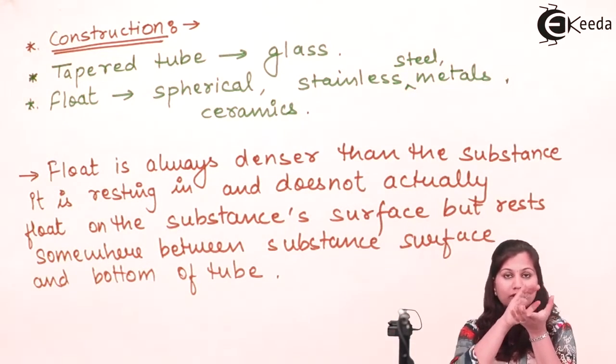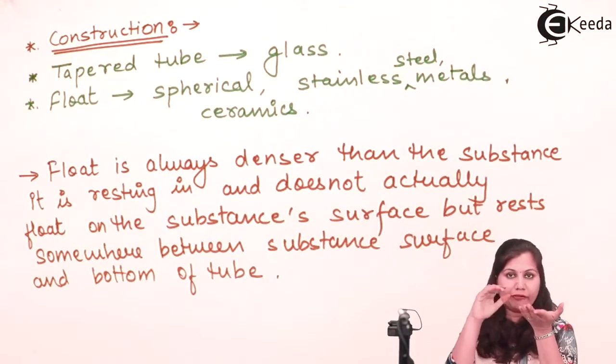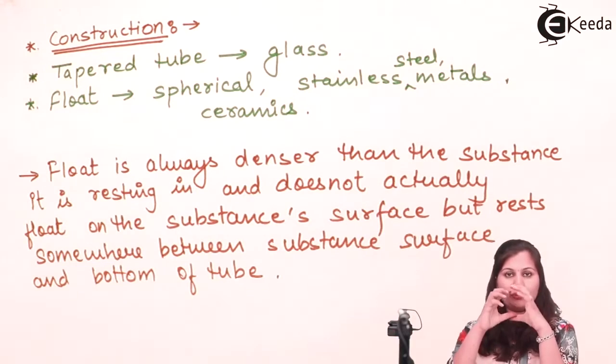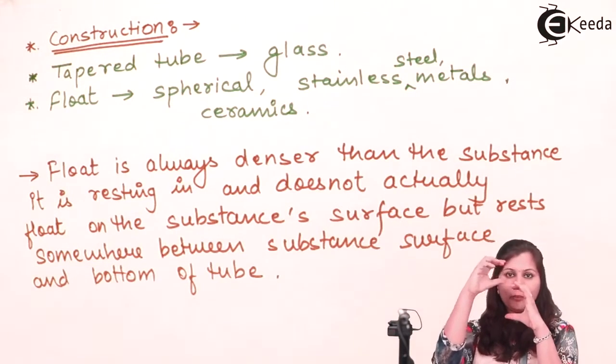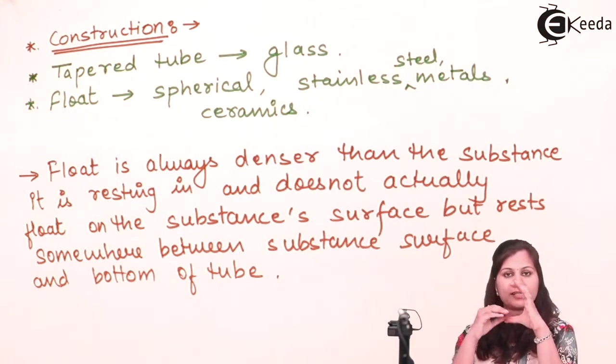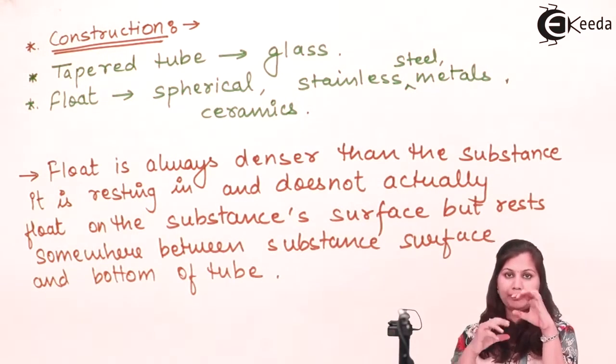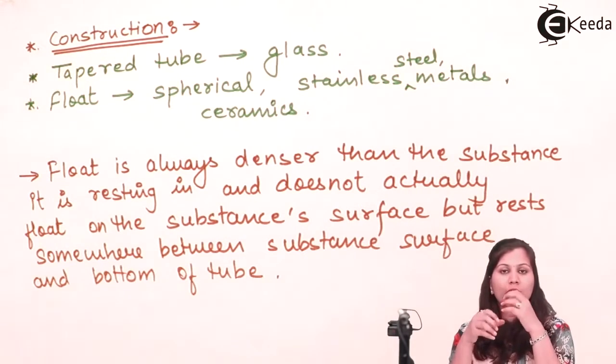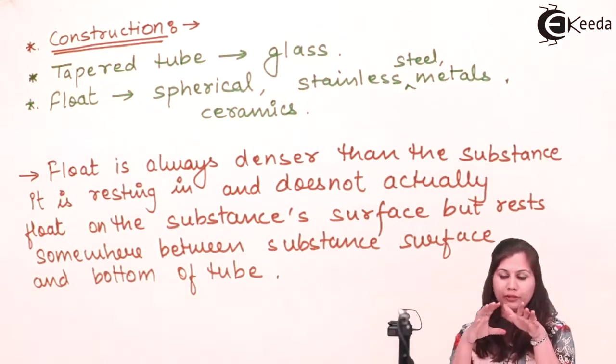It floats somewhere between the surface and the bottom of the container. So the float is not just on top of the surface of the liquid, but somewhere between the surface of the fluid and the bottom of the container. So it should be made up of a material which is denser than the fluid whose flow rate we want to measure.